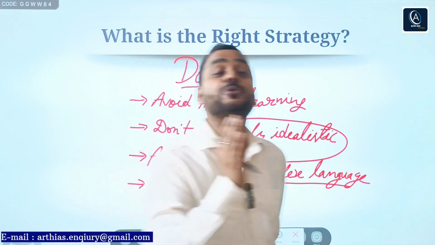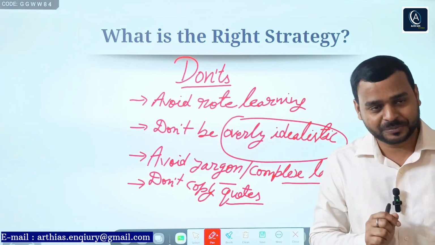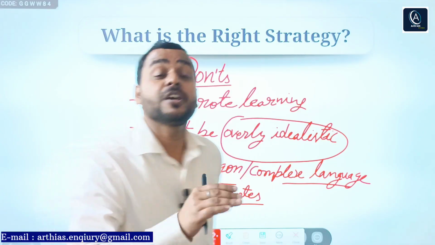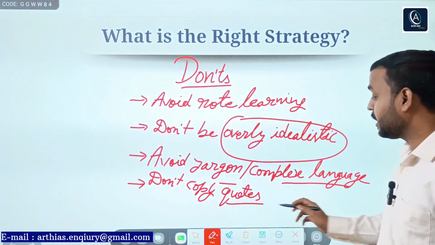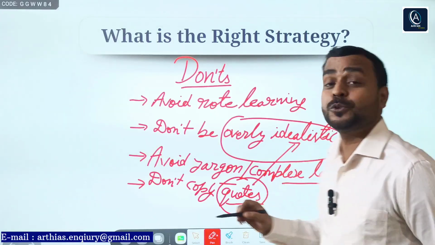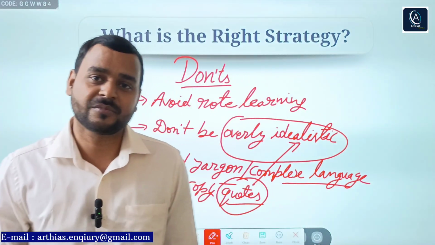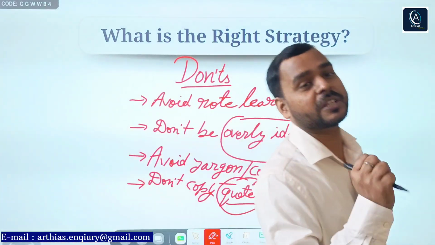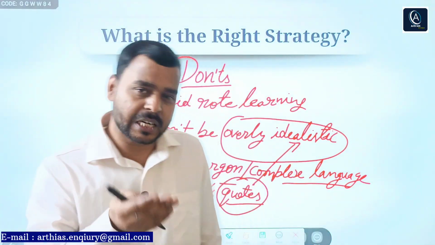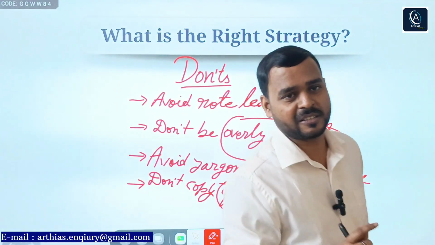Do not use these quotes blindly. If it is required, use quotes, but if you are overly using quotes, it reflects that you are overly idealistic. So avoid quotes if not required. And if you are using quotes, include hardly one or two quotes in one answer.